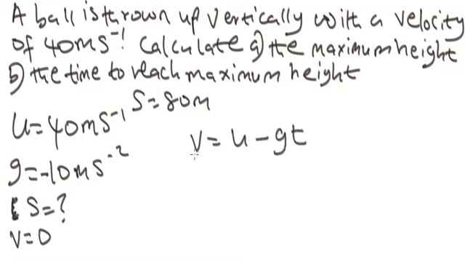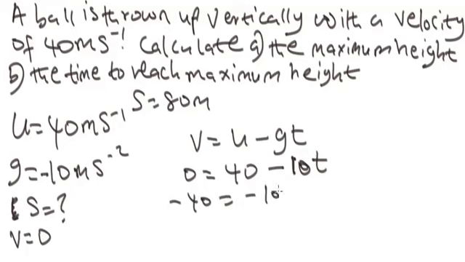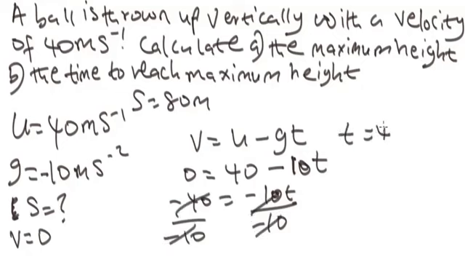Substituting, our v is 0, so 0 equals 40 minus 10t. So minus 40 equals minus 10t. Divide both sides by minus 10. Therefore, our t will be 4 seconds. This is the answer for this question.